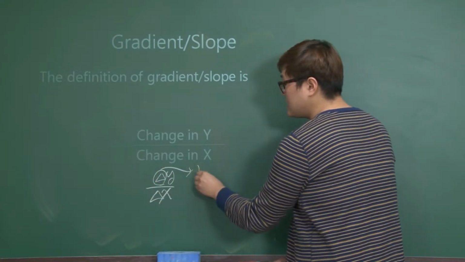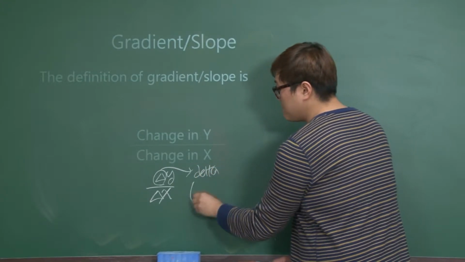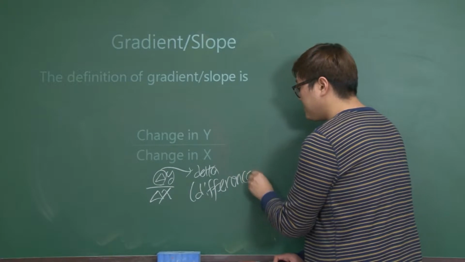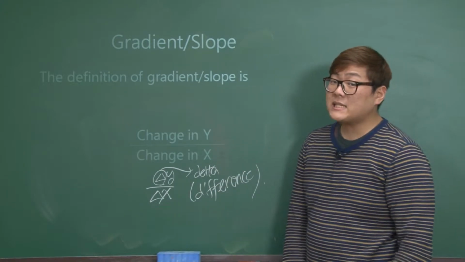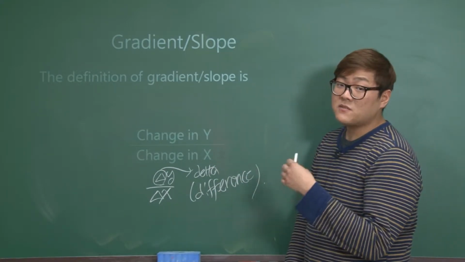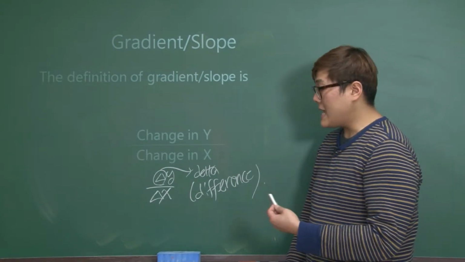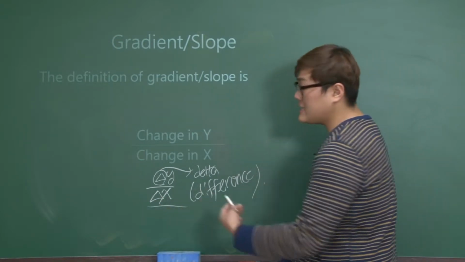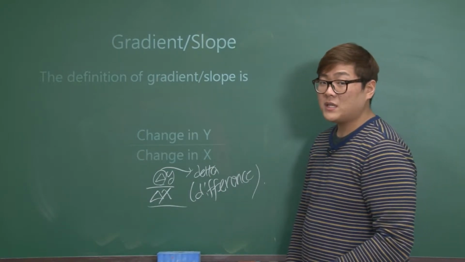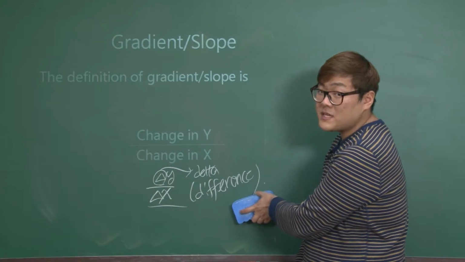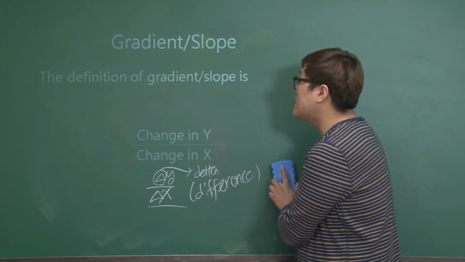This is called delta, and it means difference. So again, the gradient, the slope, means the ratio between change in y and change in x, and it's represented in this form, delta y over delta x. And again, delta means the difference between two values.